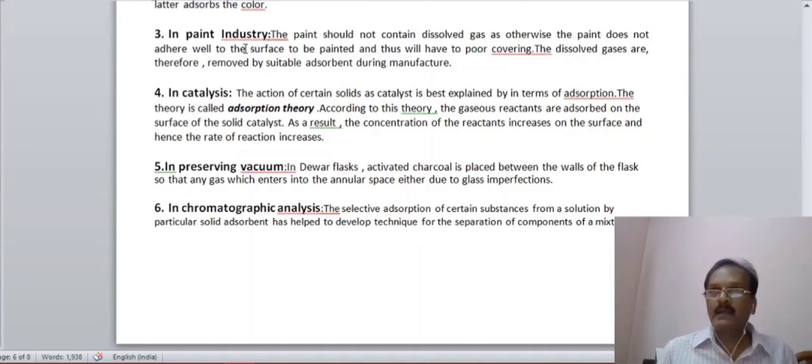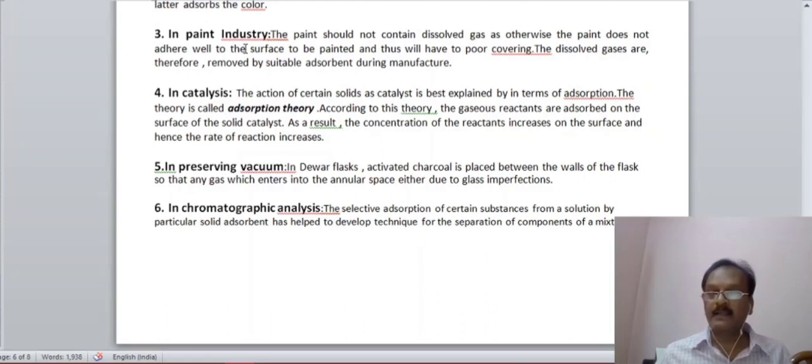When you apply paint on the wall, if the paint contains certain gases, it will not adhere perfectly to the surface. If it contains an adsorbent, which removes the gas from the paint, the paint gets adsorbed strongly on the surface of the wall. Therefore the adsorption phenomenon is used in the paint industry.